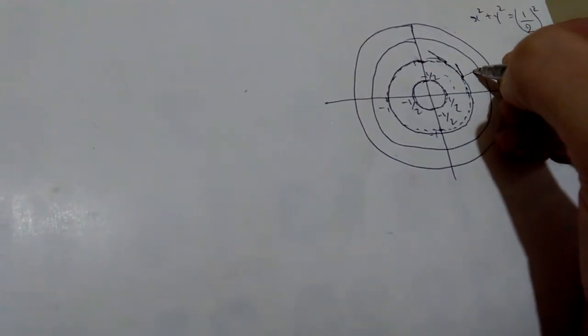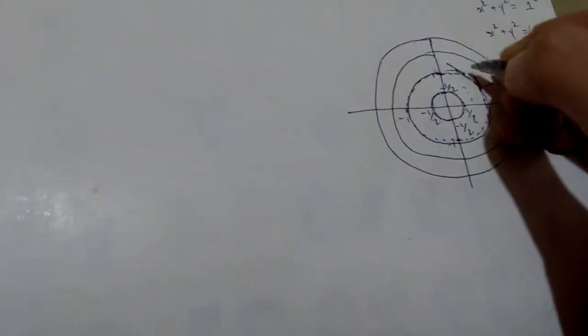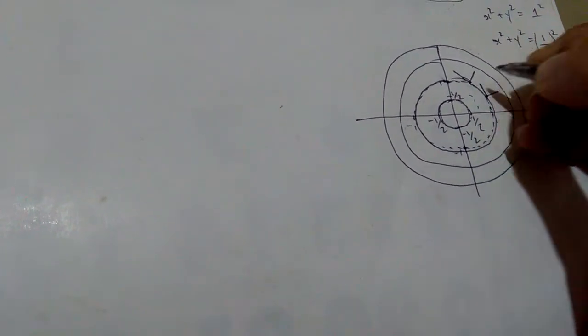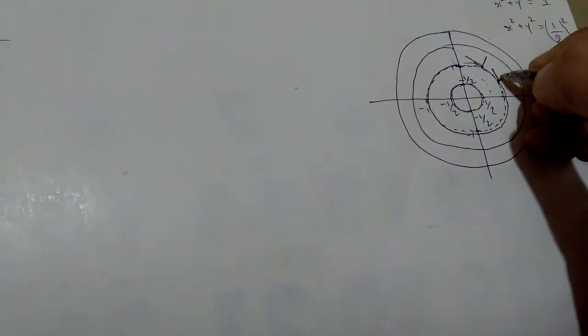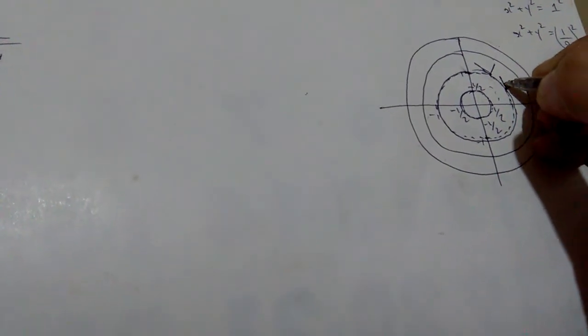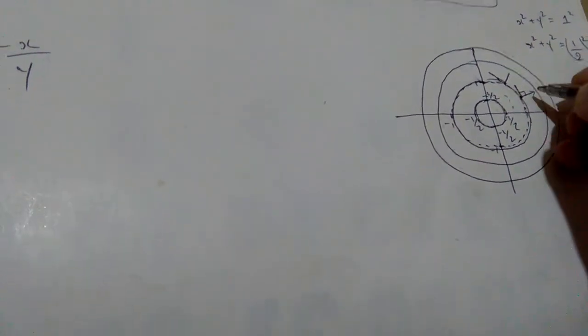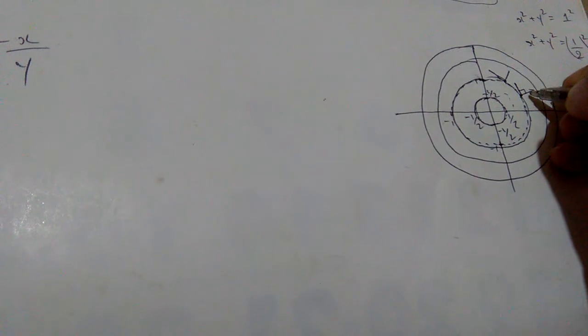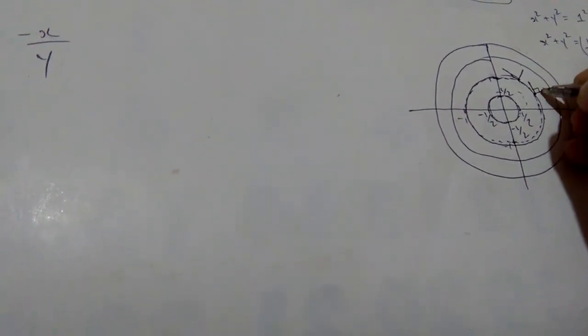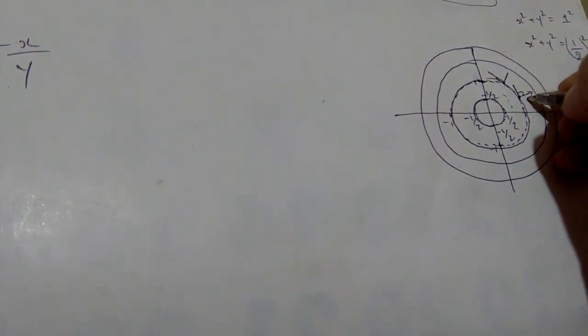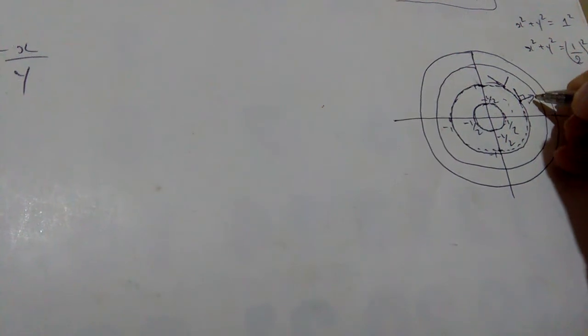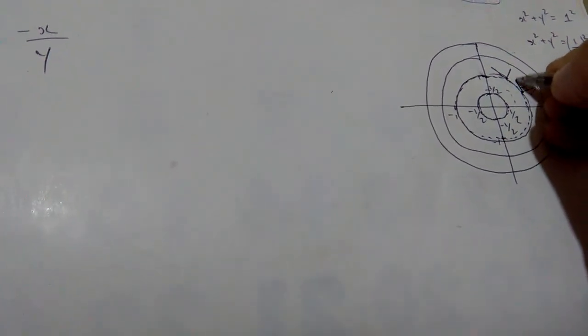Now we have to find the tangent that should be perpendicular to this tangent. We have to find the slope of this one. As these two lines are perpendicular to each other, the slope of this line is going to be the negative reciprocal of this slope.